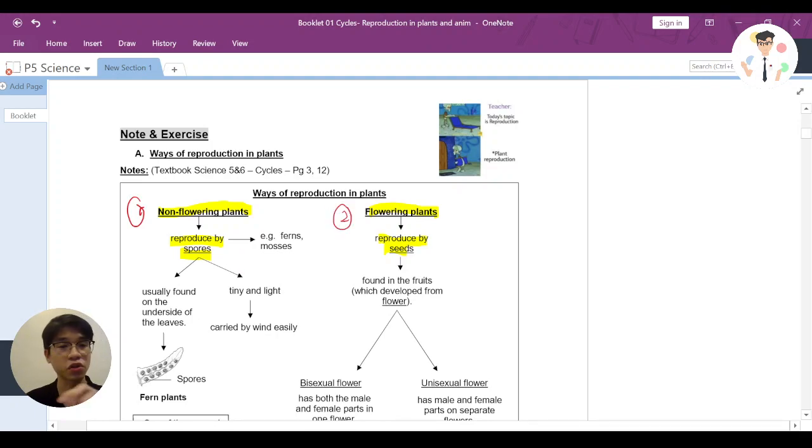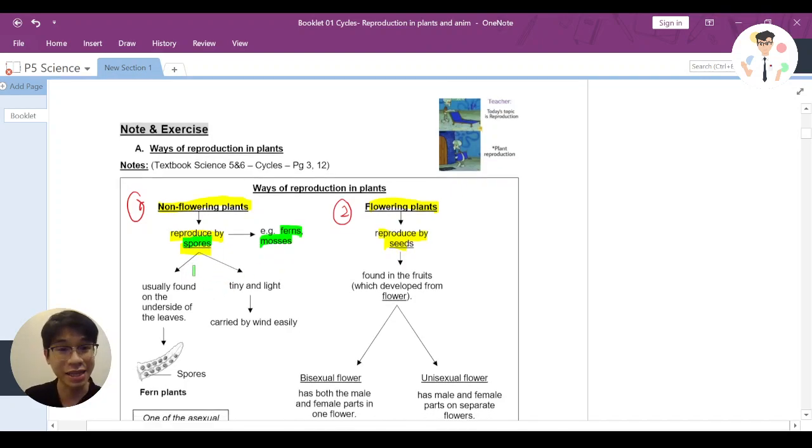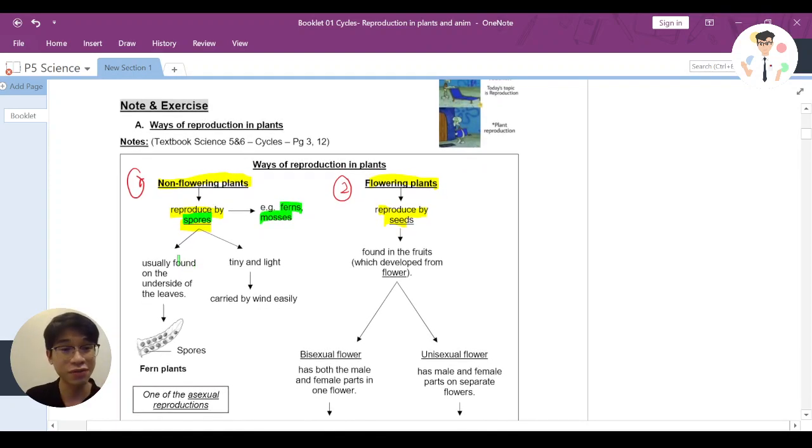And now let's focus on the non-flowering plants first. For non-flowering plants, especially, we have ferns and mosses. Since we're talking about spores, it's important for us to understand that these spores are usually found on the underside of the leaves. As you can see in this picture of a fern plant, on the underside of the leaf you can find these little spores, okay?